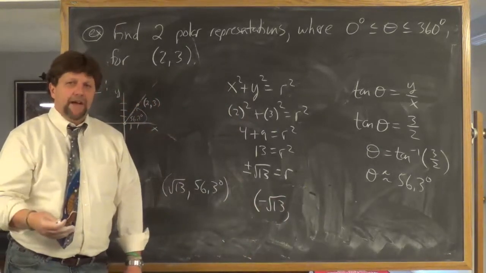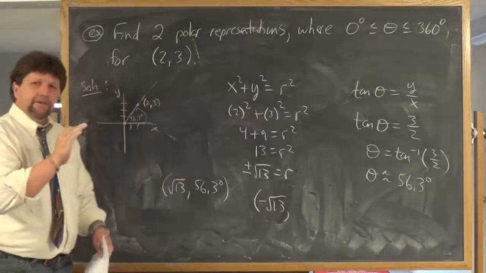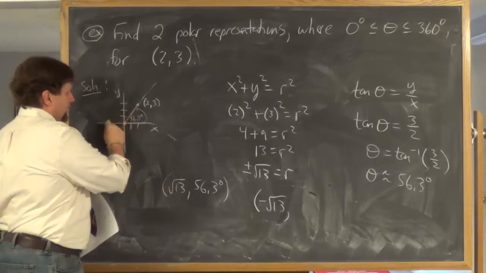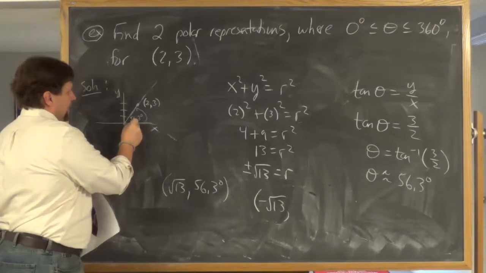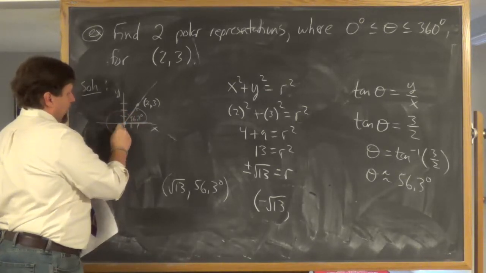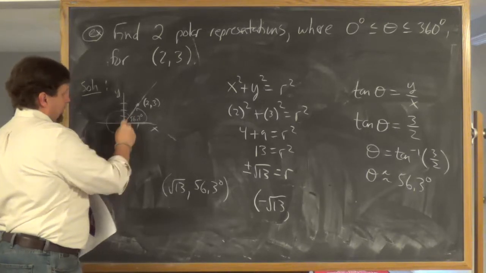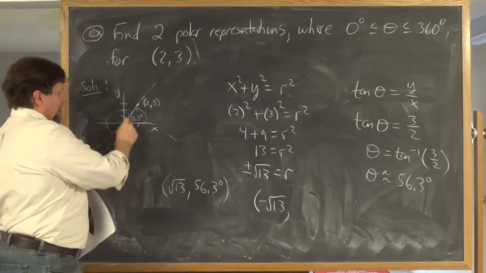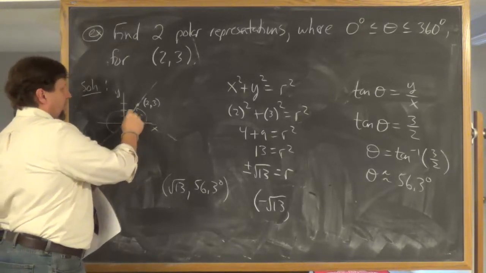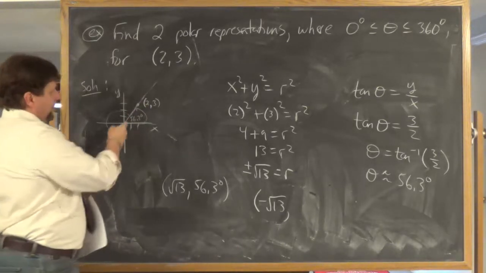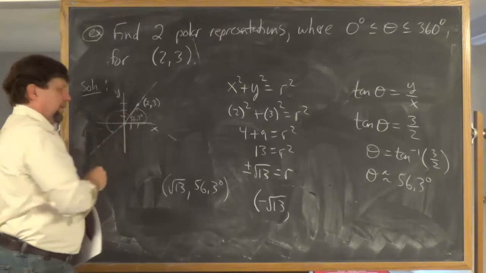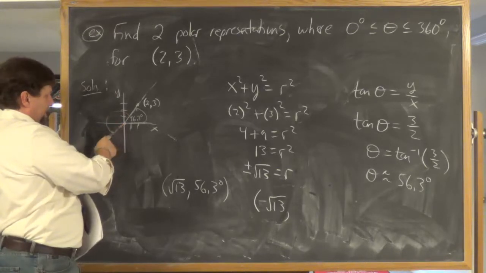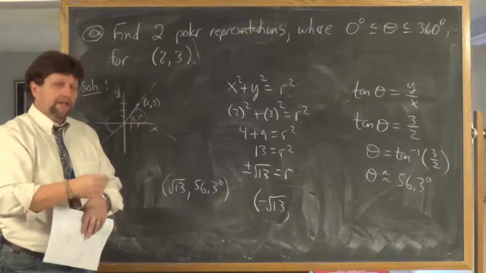But now what's my theta value going to be? I have to rotate my polar axis to a spot about right here, so this would be its ending point. And if this is its ending spot, the negative r will bring me back out to here. So how am I going to figure out this angle? Doesn't it look like my 56.3 degrees and this angle make a straight angle?